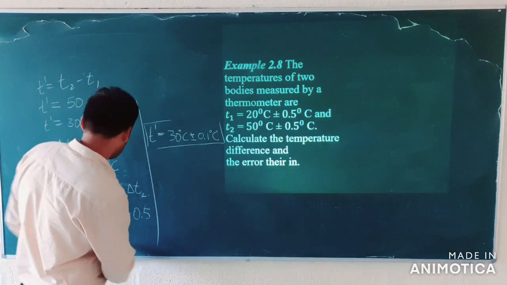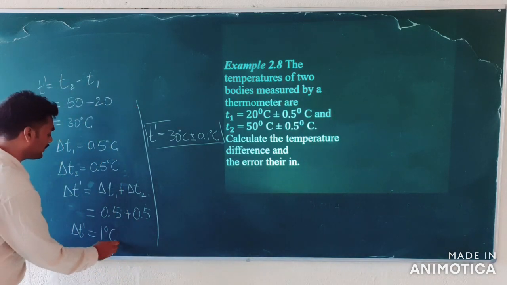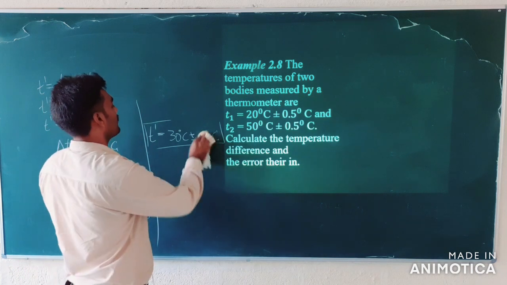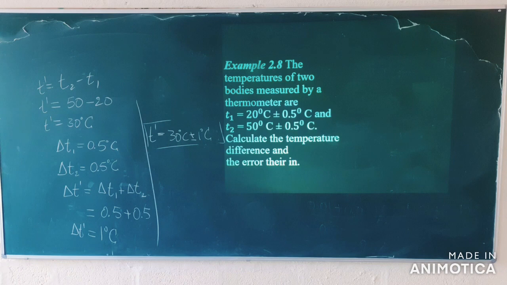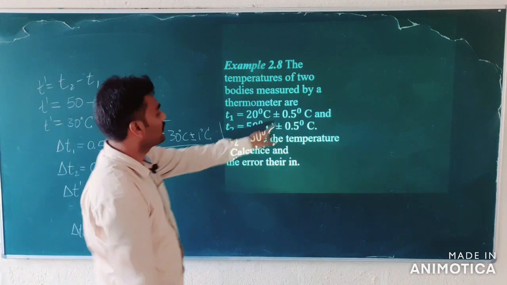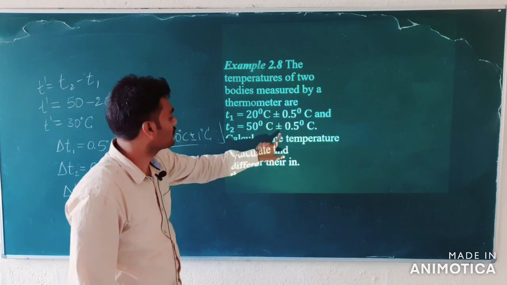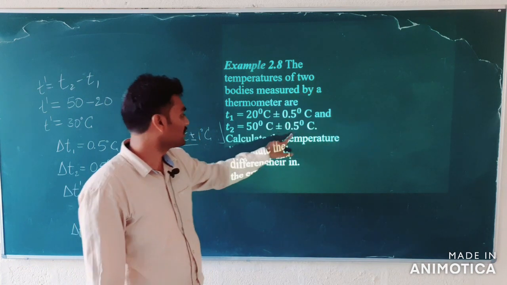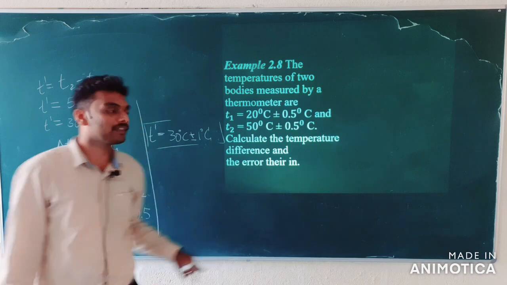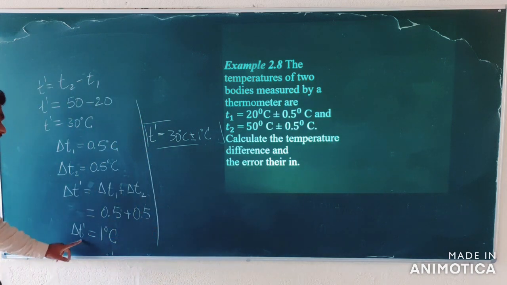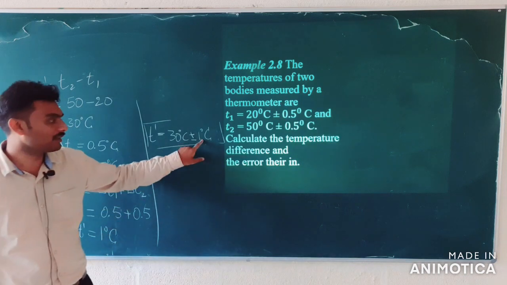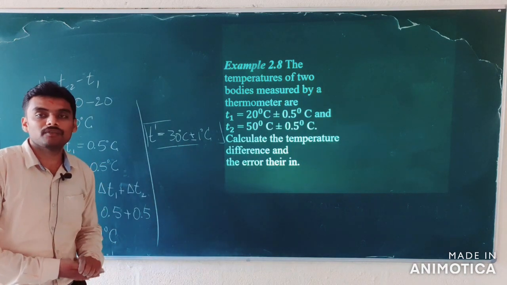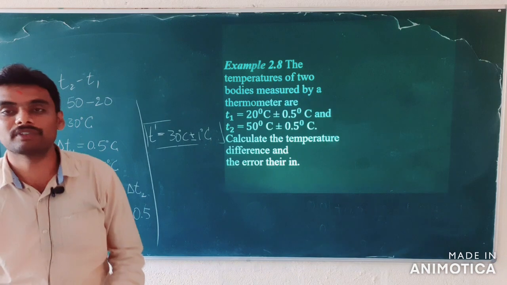Sorry, 1 degree Celsius. Even here it is 1 degree Celsius. So here we have two measurements, T1 and T2. T1 has an error of 0.5 degrees Celsius, T2 has an error of 0.5 degrees Celsius. The difference of those two readings will have a measurement error equal to the sum of the errors, which is 1 degree Celsius. And this is the final value of the difference of the given temperatures.